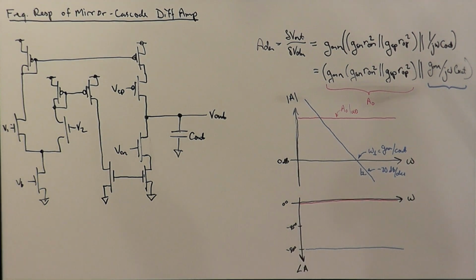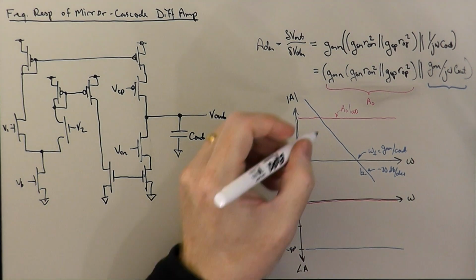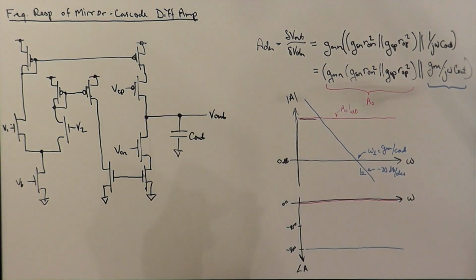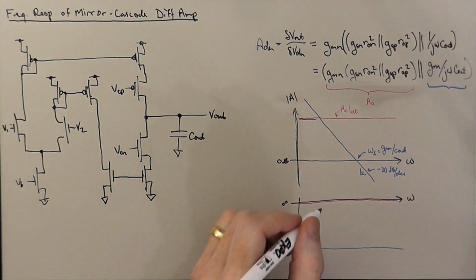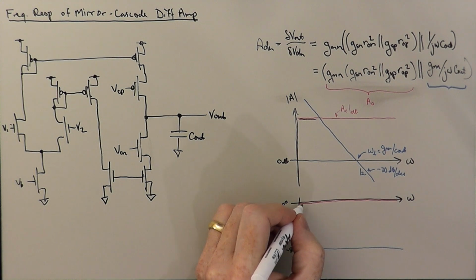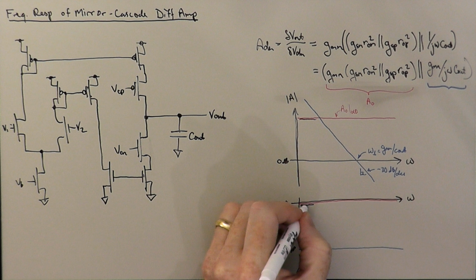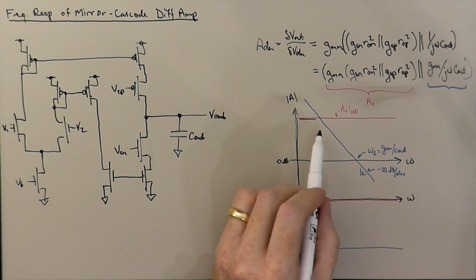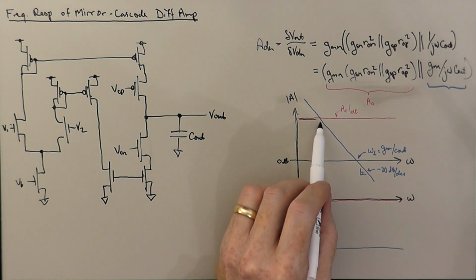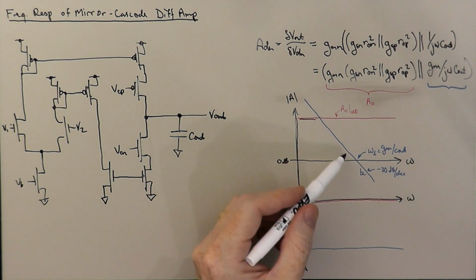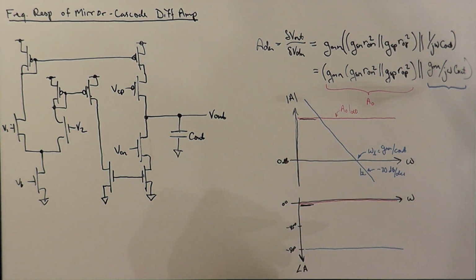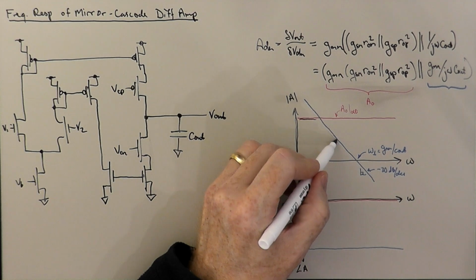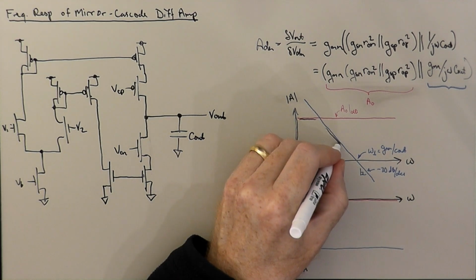And so the behavior of ADM is going to follow the behavior of A naught. And actually the phase is also going to follow the phase of the dominant component. It's going to be 0 degrees at low frequencies. Well, after this place where the blue line crosses the red line, very rapidly, the blue line is going to become much less than the red line, and ADM will follow the blue line.